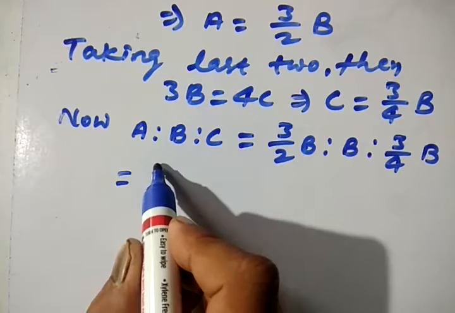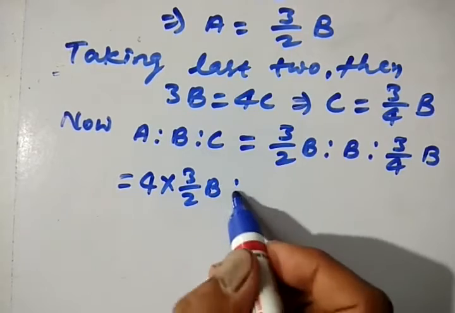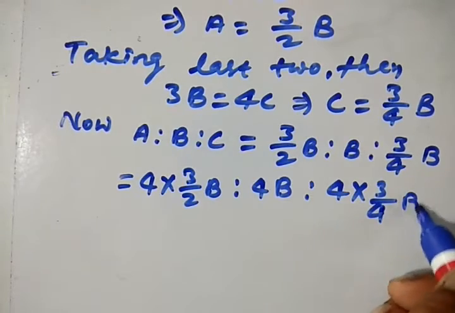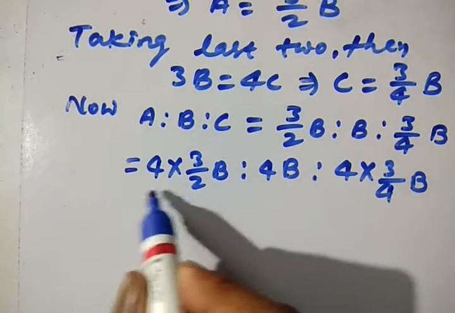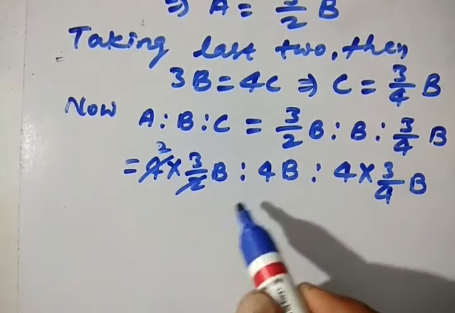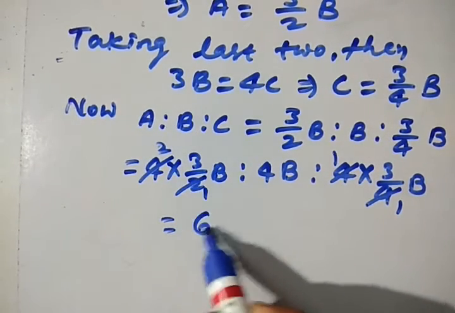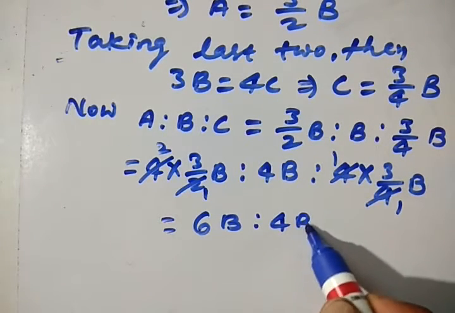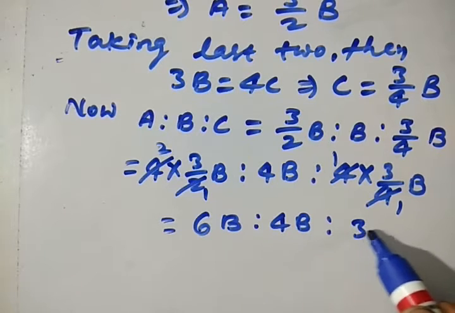Then this can be equal to 4 multiply 3 by 2b is to 4b is to 4 multiply 3 by 4b. Then 2 goes into 4 and 4 goes into 4 once. Then 6b is to 4b is to 3b.